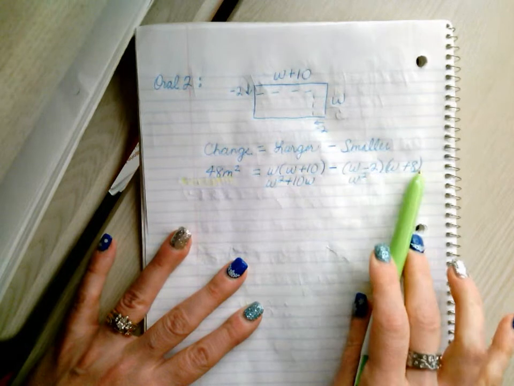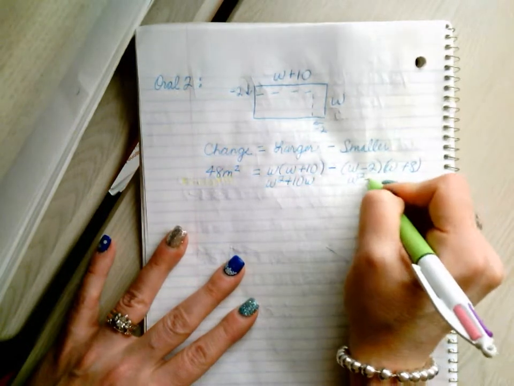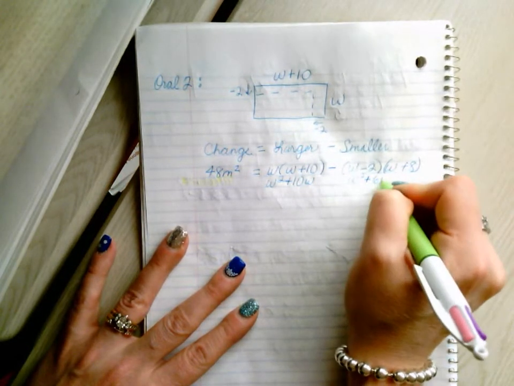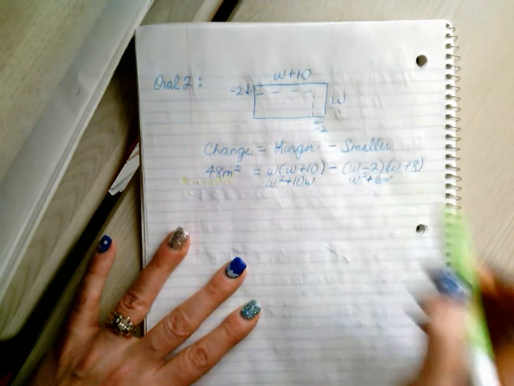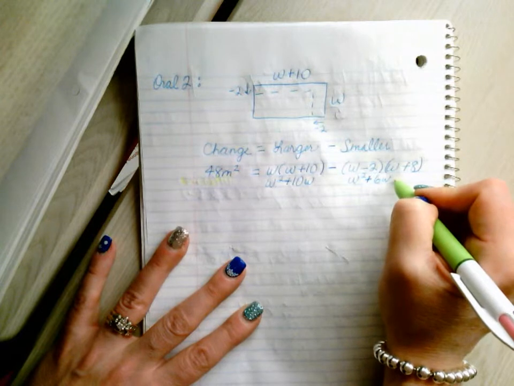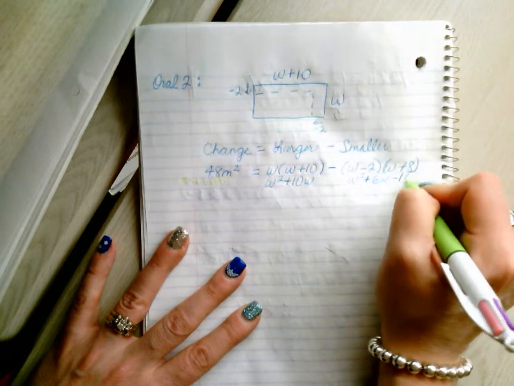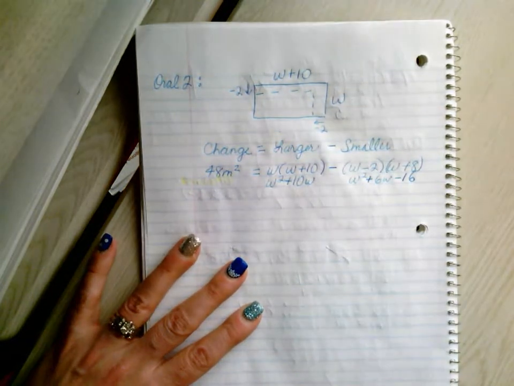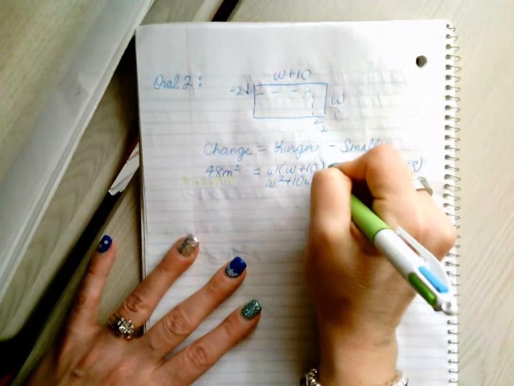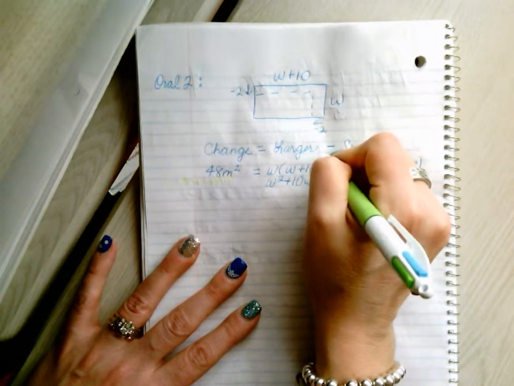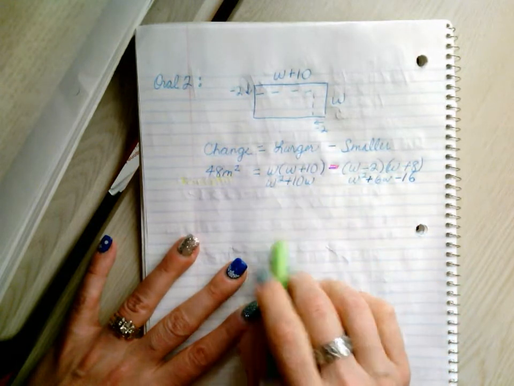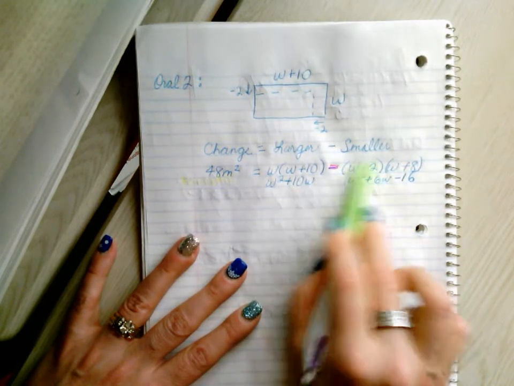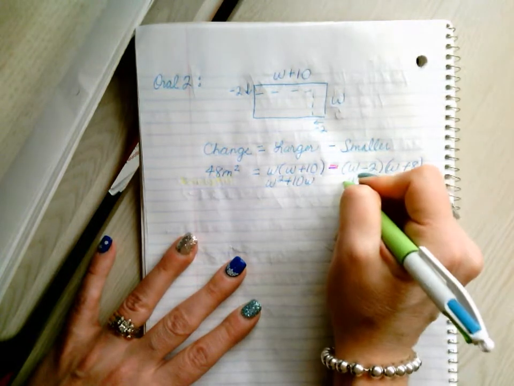Outside and inside is positive 8 and negative 2, which is positive 6W. And last, negative 2 times 8 is negative 16. Okay? But we are removing this from that, which means the signs that we obtained by multiplying have to be flipped.